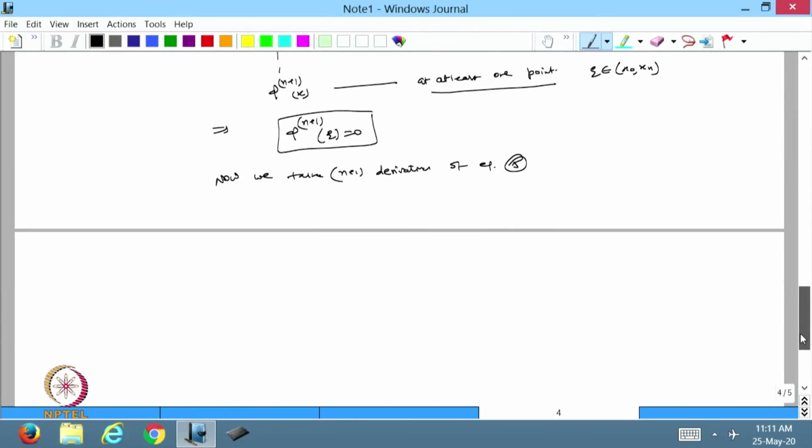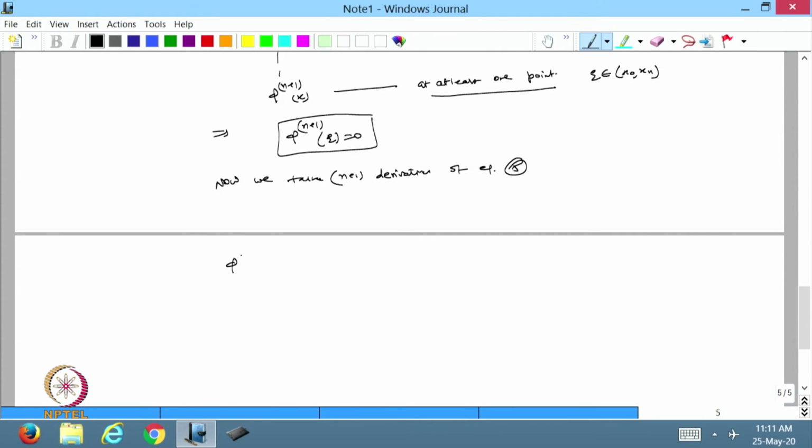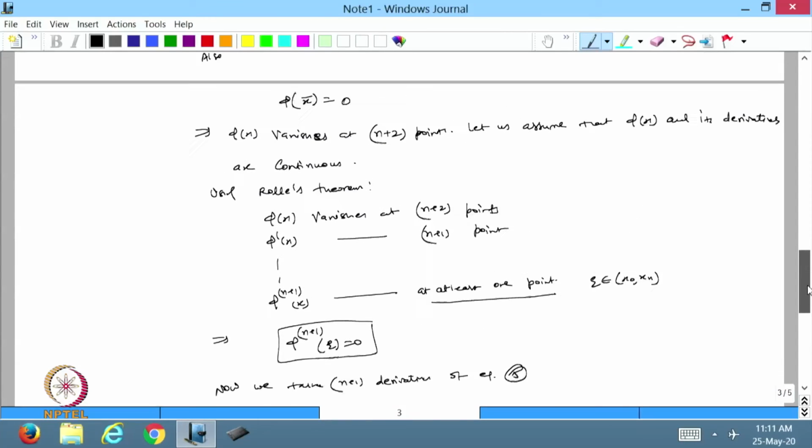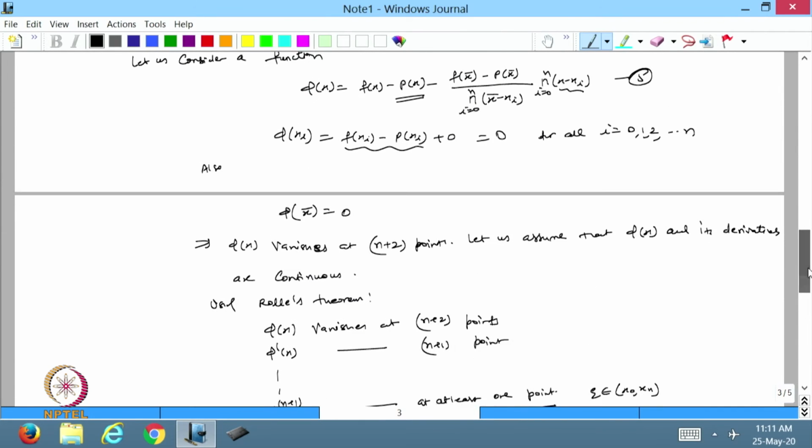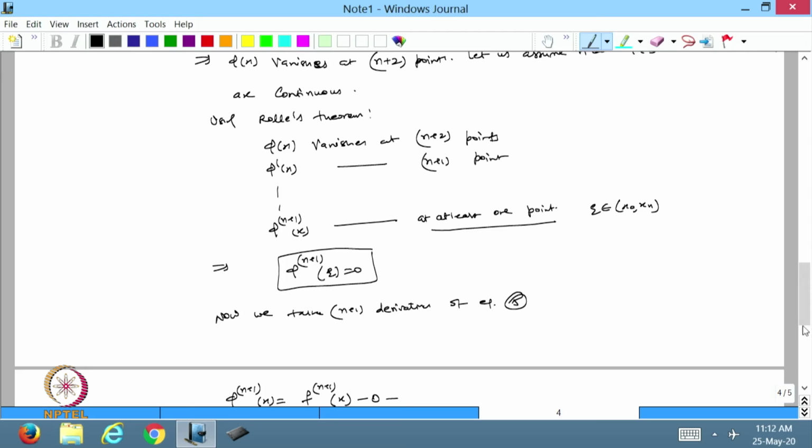So from here I can say that this will be equal to f^(n+1)(x) minus 0, and you can see that this is just a constant value, but here it is a factorial. If I take the (n+1)th derivative of this one, I will get (n+1) factorial.